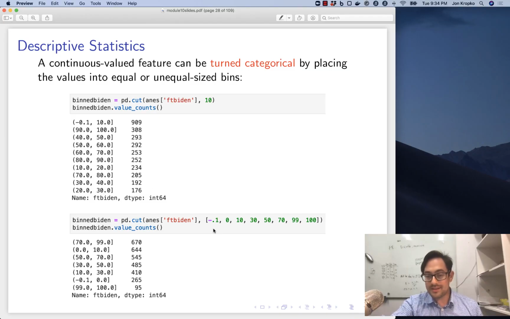Or we could pass it a list, and we could write the cutoffs ourselves. We write minus 0.1 because we want something less than the minimum value, right? So that this one from minus 0.1 to 0 is just all the zeros. There are 265 people who rated Biden 0. Okay, and then these are all the 100s, 95 people who rated Biden 100.